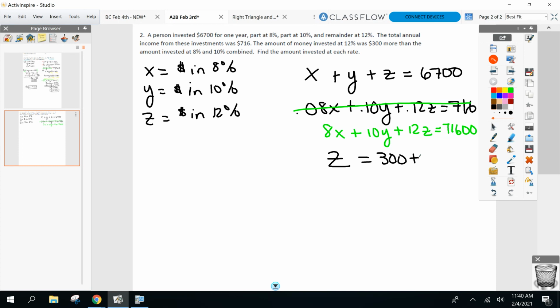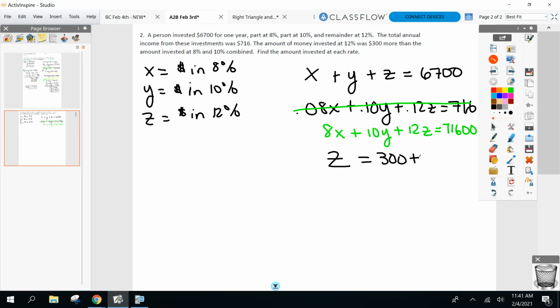The amount invested at 8 and 10 combined, Ella. How do I write that one using my variables? Would it just be plus 8x plus 10y? No percents. Just the amount I put in there. So no percent. So take out your 8 and 10 and just put 300 plus.